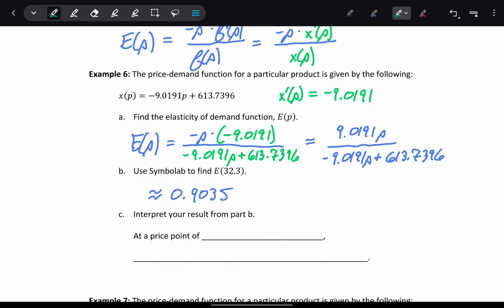In this case, our value is between 0 and 1, so we have a case of inelastic demand.